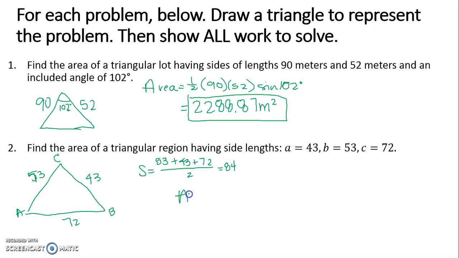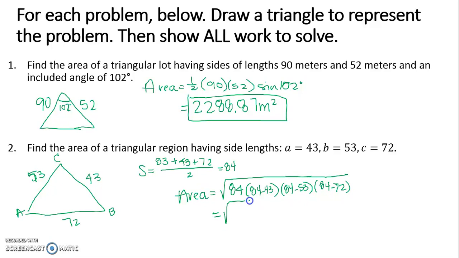Now I can plug that into my area formula. So the square root of 84 times, then I'm going to do 84 minus 43 times 84 minus 53 times 84 minus 72. Now hopefully most of that you could do in your head.